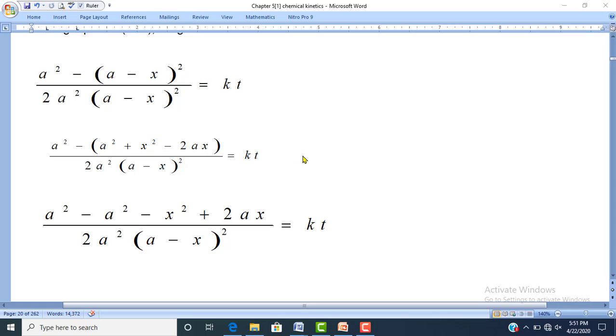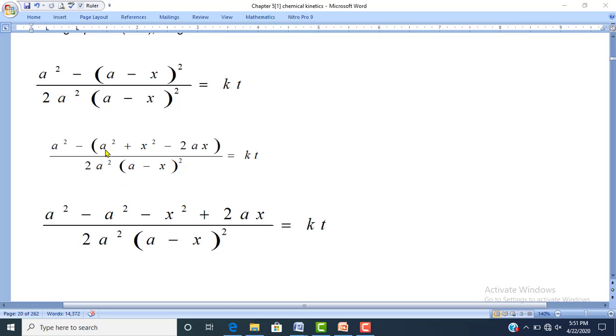So this is a simple mathematical rule. If there is a negative sign before a small bracket, then the signs inside the bracket will be reversed. So here we rewrite the equation with the sign changed. The equation will be a square minus x square plus 2ax. Here you can compare both equations.